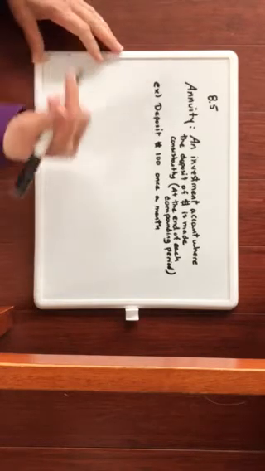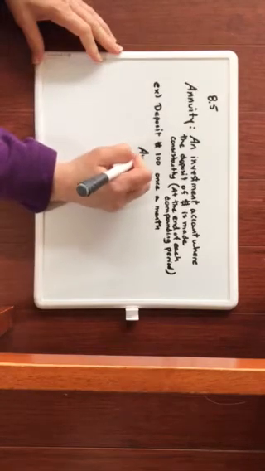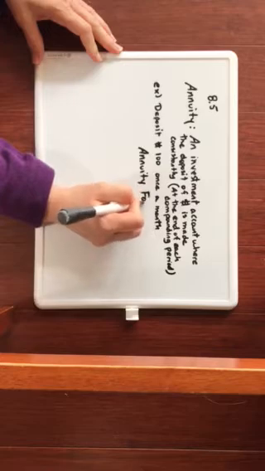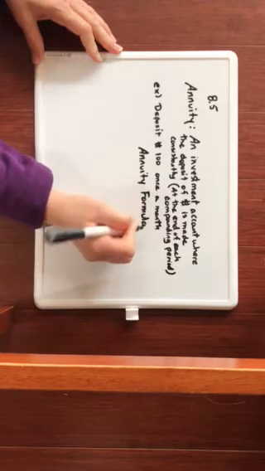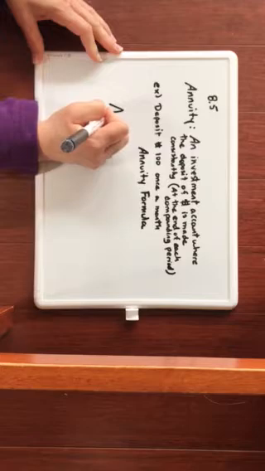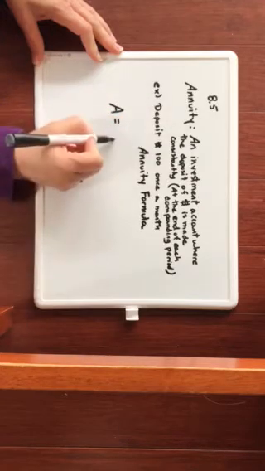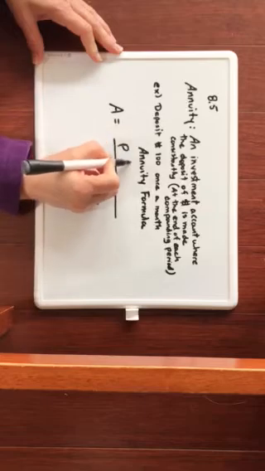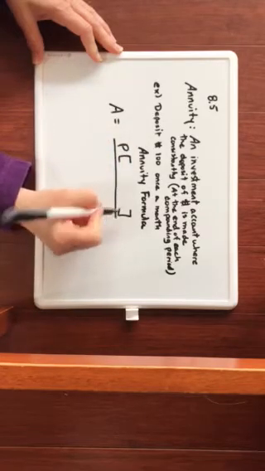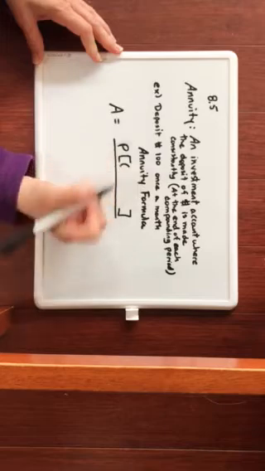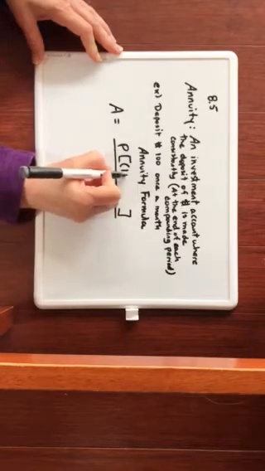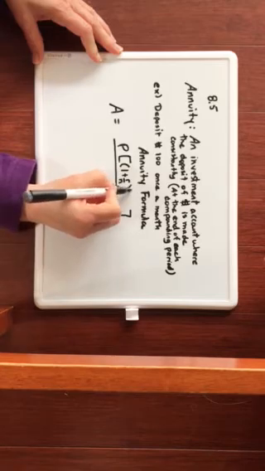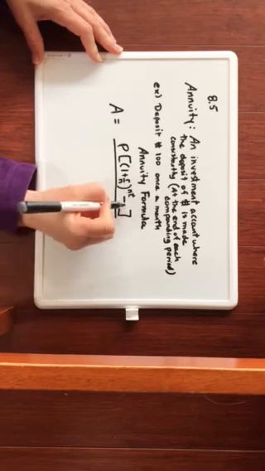Okay, so here's the annuity formula. It's pretty big, so leave room on your paper. And it is A equals P, and then put brackets, parentheses, 1 plus R over N to the NT minus 1.